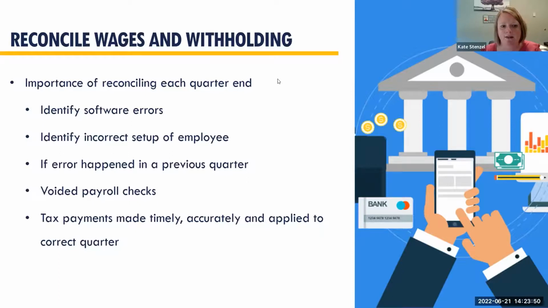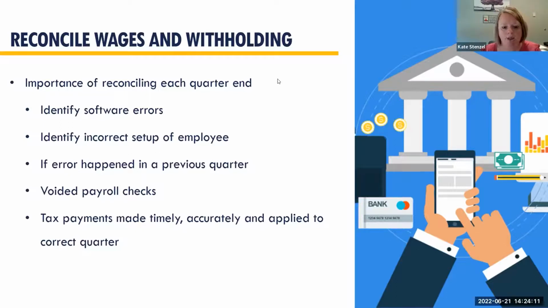You know, identifying incorrect setup of employees. Do you have your pre-tax versus after-tax deductions set up correctly? Because pre-tax will reduce taxable wages, and that will affect the taxes that are calculated off of that. And make sure you have W-4 information updated correctly, Social Security numbers that are correct, names that are spelled correctly.